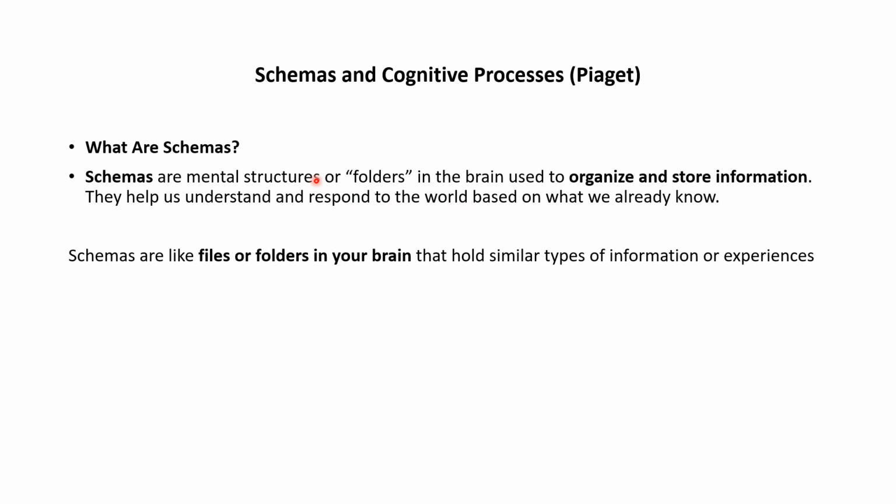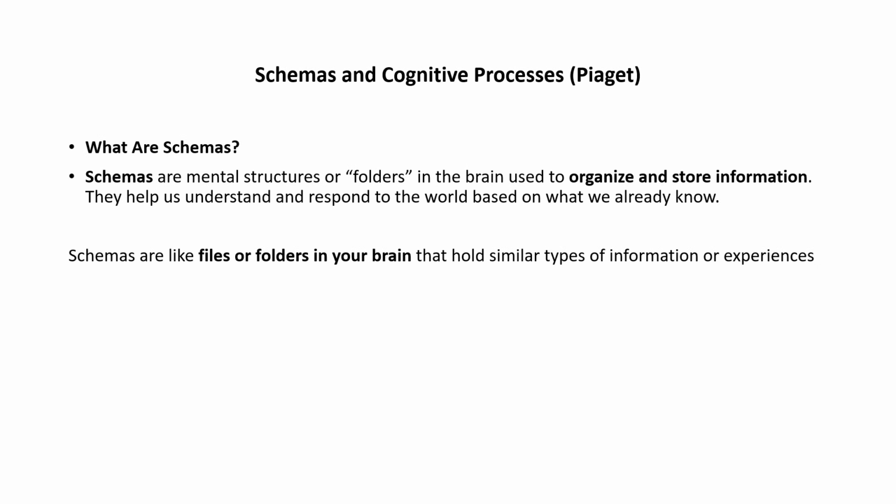So these are the terms also used in cognitive development. Let's look at them one after the other. What is a schema? What are schemas? It says that schemas are mental structures, or folders in the brain, used to organize and store information. They help us understand and respond to the world based on what we already know. So schemas are like files, a folder in your brain that holds similar types of information or experiences.